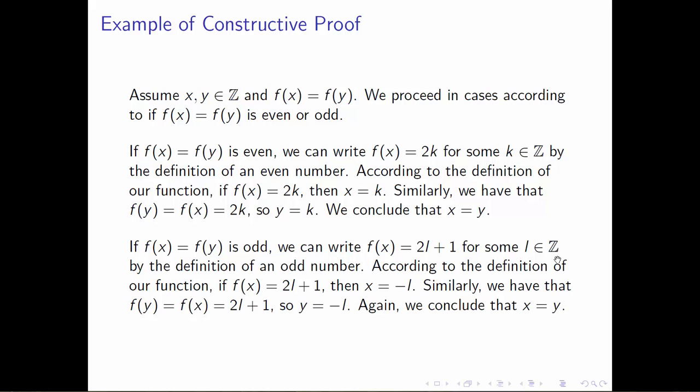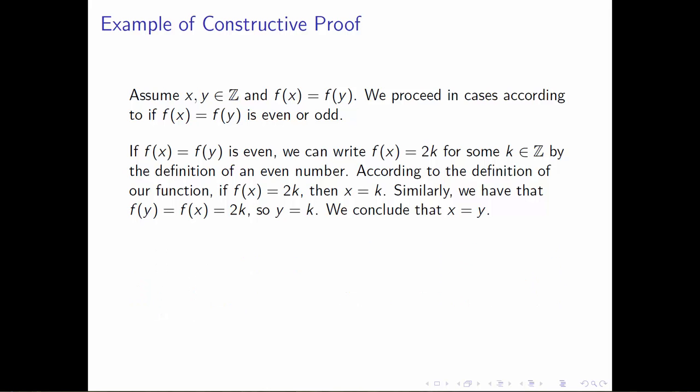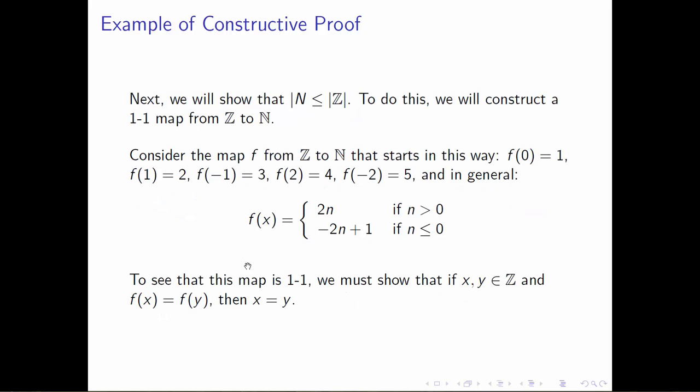Coming back to this, we're saying, according to the definition of our function, just as before, if f of x is 2 times l plus 1, then x is actually equal to minus l. So for this, you have to maybe go back and look at the definition of the function one more time. When we defined our function, we took our natural number n and plugged it in here, and because it was a negative number, we multiplied it by -2.